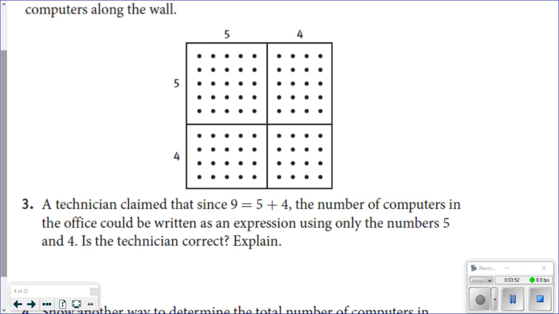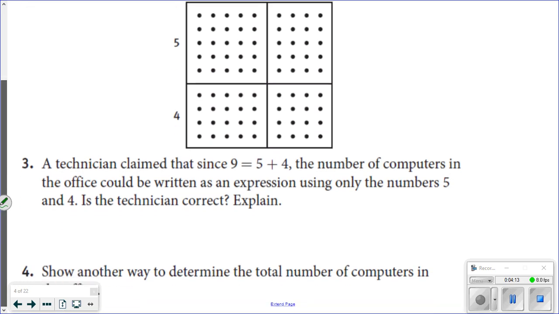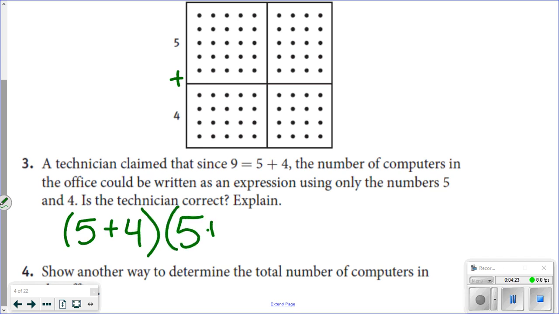A technician claimed that since 9 equals 5 plus 4, the number of computers in the office could be written as an expression using only the numbers 5 and 4. Is the technician correct? Yes. So instead of using 9, we could just use the 5 plus 4 for one side of the room, and we can multiply that by 5 plus 4, which is the other side of the room.